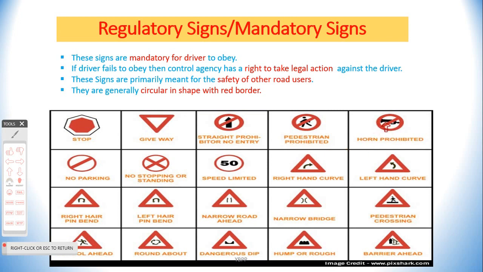Then a circle with a picture of a horn, horn prohibited. Then next is a circle with a red line, cross red line, no parking. Then an X symbol in the circle, no stopping or standing. Then a circle is there, and in that circle one number or figure is given. This figure shows the speed limit for the vehicle.